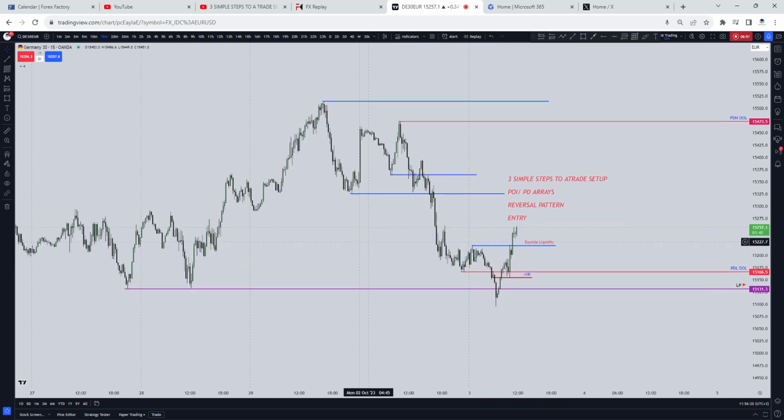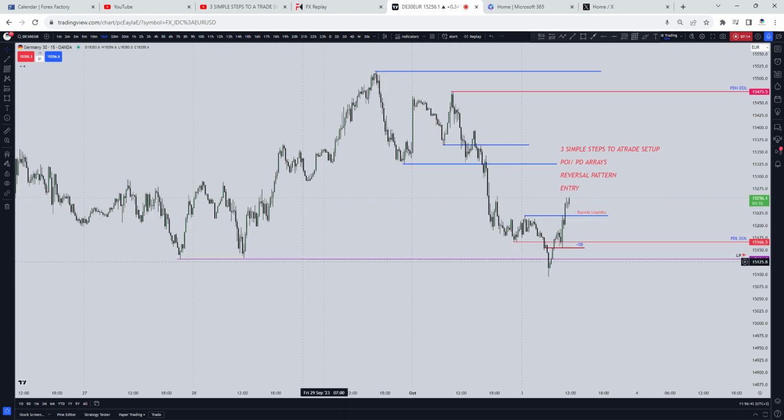What is that signifying? It means market structure is telling us, hey, price is not ready to attack this high, this liquidity. We could be attacking a sell side liquidity, and then my eyes turn to the sell side.